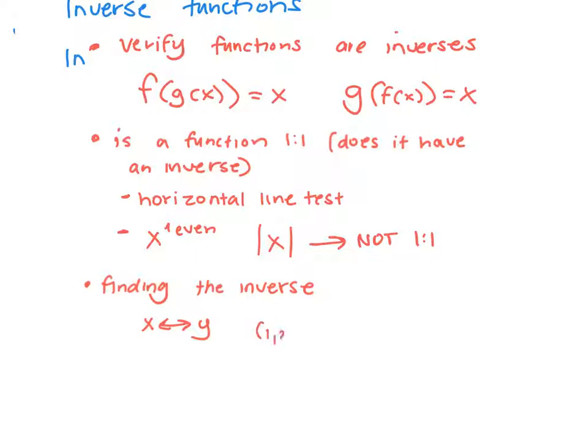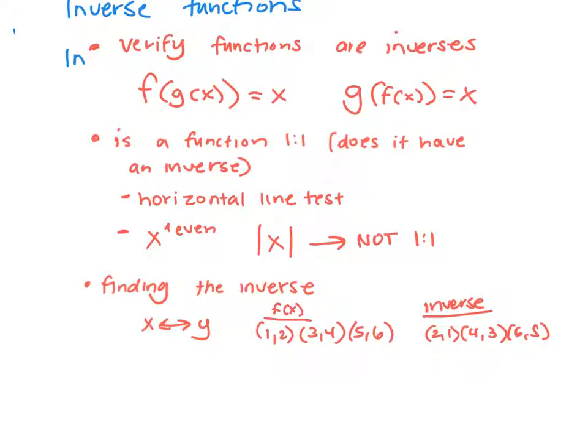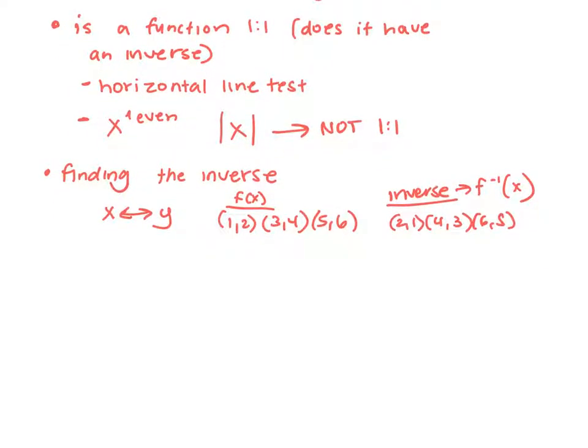So if I had the points 1, 2, 3, 4, 5, 6, then my inverse would be 2, 1, 4, 3, 6, 5. So again, if you're given the points, you just switch them. If you're given the graph, you find some points and then you switch them.